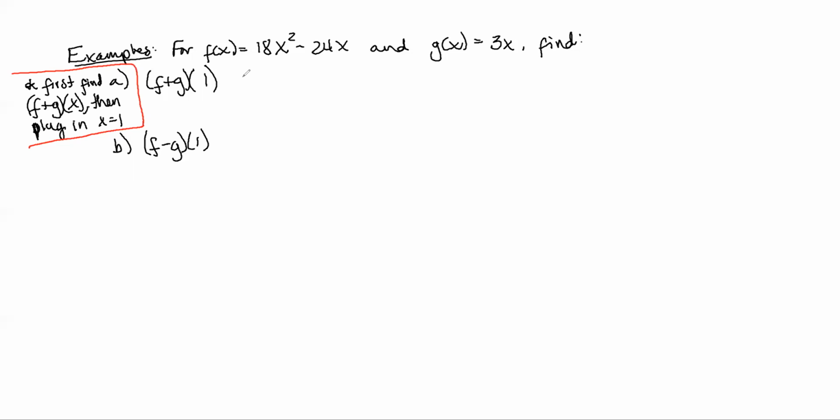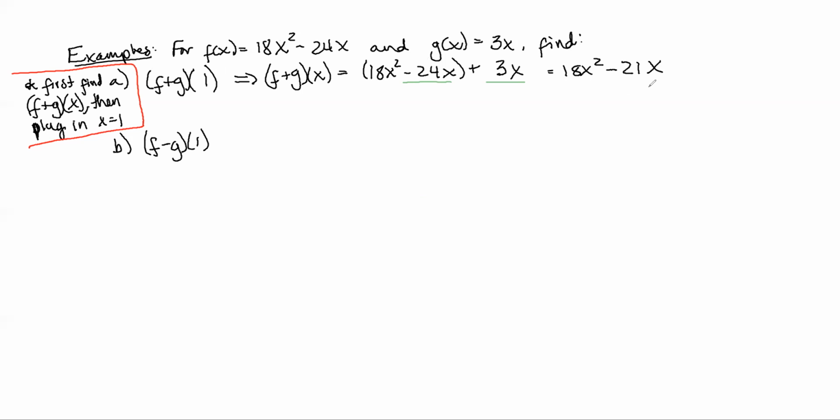If we find f plus g of x, we're going to have f, which is 18x squared minus 24x, plus g of x, which is 3x. You can put that in parentheses, but you don't have to here because it's just a single term. And now let's combine like terms. We only have one like term to combine, and we'll leave that 18x squared in the front. So we'll have 18x squared, and then negative 24 plus 3 is negative 21x.